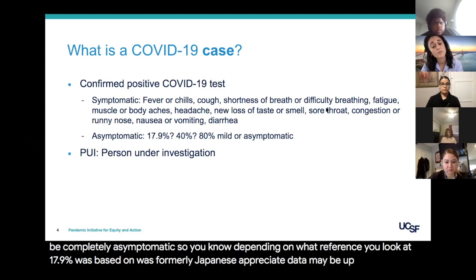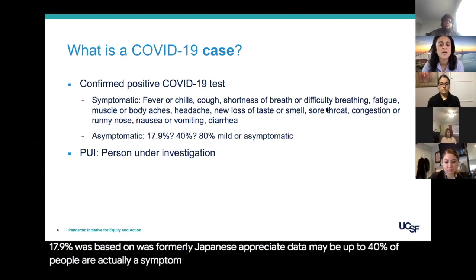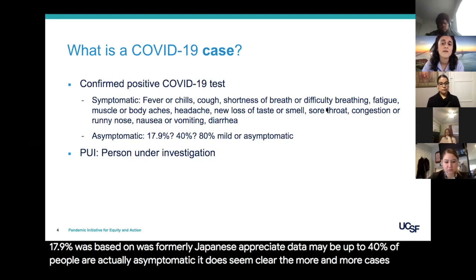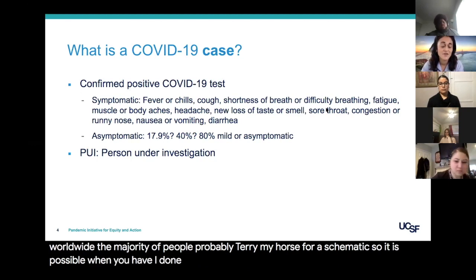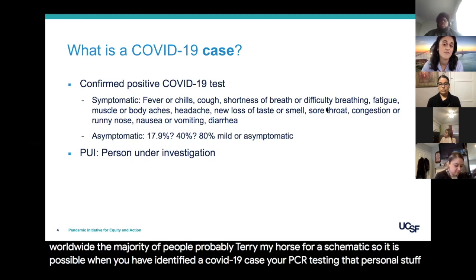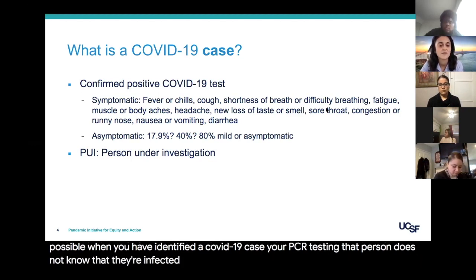Maybe up to 40% of people are actually asymptomatic. It does seem clear the more and more cases there are worldwide that the majority of people, probably around 80%, have either a very mild course, like an upper respiratory infection, or are asymptomatic. So it is possible when you have identified a COVID-19 case through PCR testing that that person does not know that they're infected and does not feel ill.